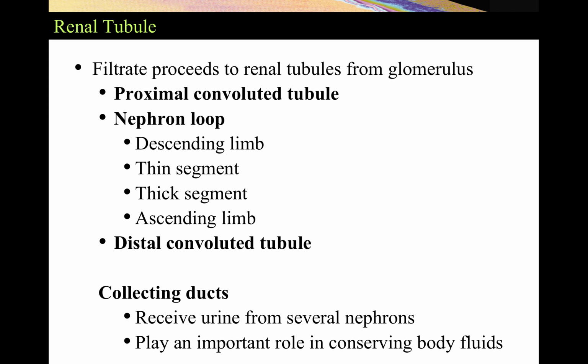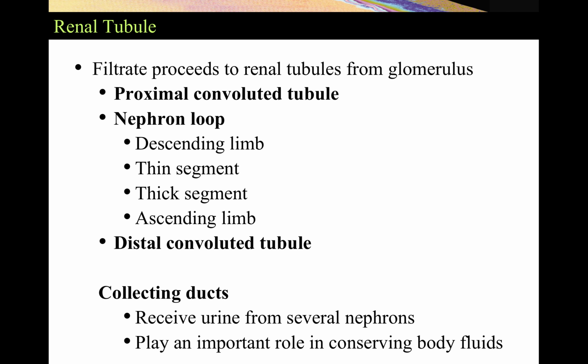Renal tubules, the first part of it is PCT, or proximal convoluted tubules. Second part of it is the nephron loop, which is made up of descending limb and the ascending limb. It has been mentioned that it does have thin and thick segments, but it is not necessarily something that you need to know in detail about.